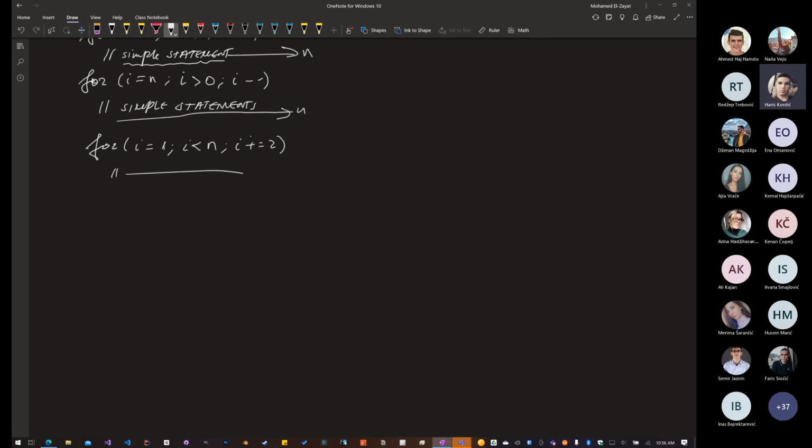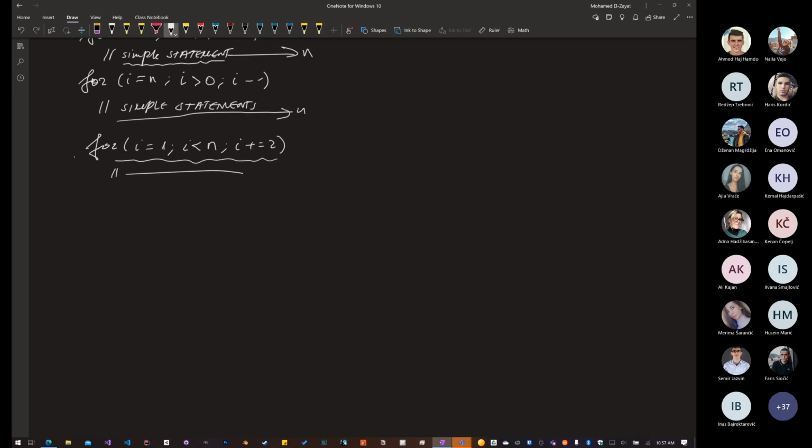Well, go ahead, young lady, ladies first. Well, we don't have any nested for loops, so every for loop is just going to run n times, and that's going to be the highest order, so it's just going to be n. Okay. But can you please tell me how many times this will run?